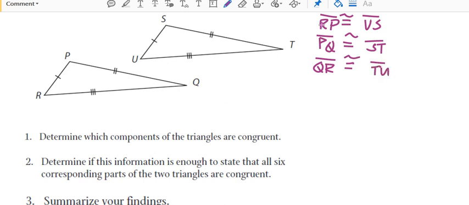So when I look at my information, I see that the corresponding side lengths of each of my 3 triangles are identified as congruent.